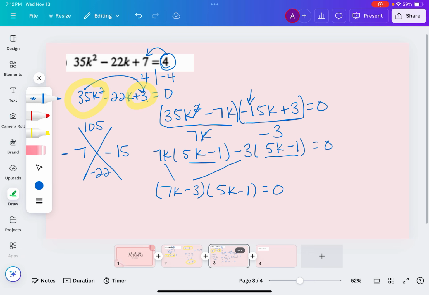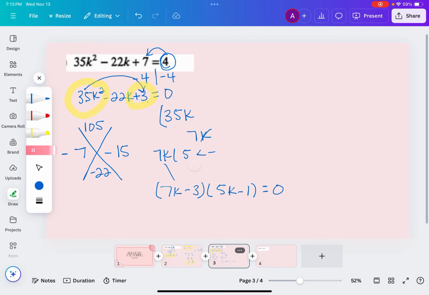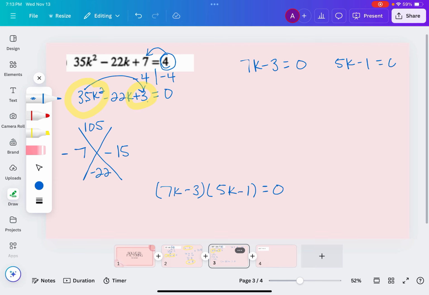So now we are going to separate, and I'm just going to erase. So if you want to pause and write this down, that's fine. I'm going to go ahead and erase some of this so I have more space on my screen. Okay. So I am separating these. So 7k minus 3 equals 0. And then 5k minus 1 equals 0.